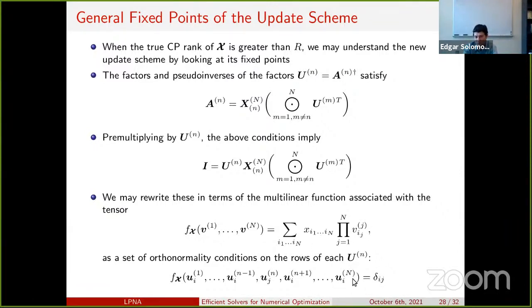So it seems that such stationary points, such fixed points of this iterative scheme, actually exist, perhaps for general rank. Although we don't know how to prove that, and we don't know how to prove that we'll even locally converge to any type of fixed point in an approximate case. This is all still open for us.